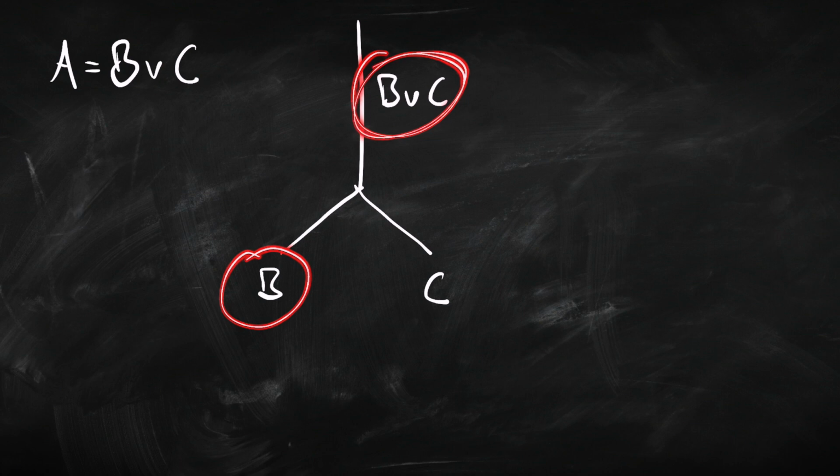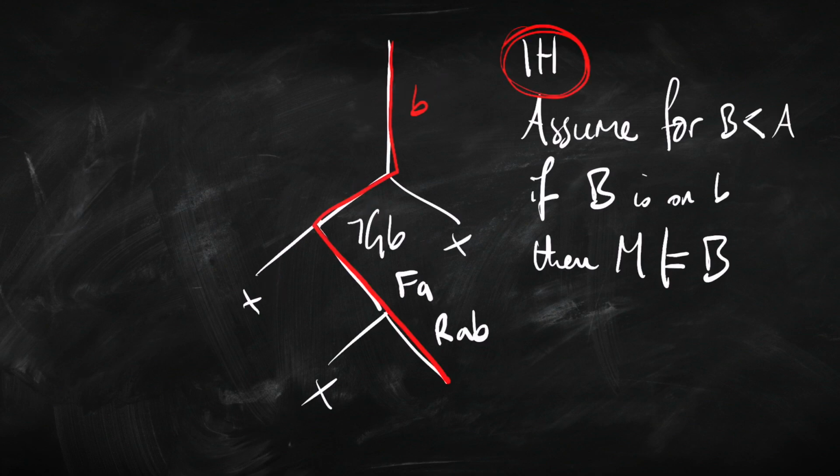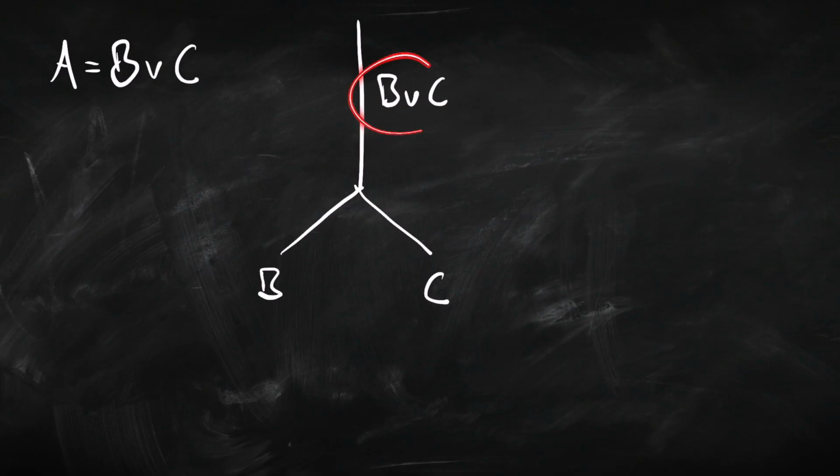So just like in the previous case, we can use the inductive hypothesis because B is going to be less complex than B or C, and also C is going to be less complex than B or C. And our inductive hypothesis applies for any sentence that's less complex than A, the one we're interested in. So we've basically assumed that any sentence less complex than this that's on the branch is made true by our model.